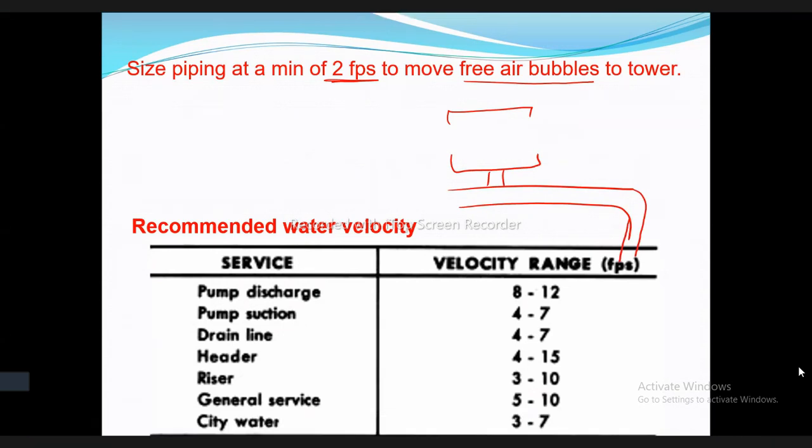So basically what is happening is you have water here. That water is coming back and that water is going down. So if your velocity here is less than 2 FPS, then what will happen is air bubbles will separate and they'll start moving up. If they start moving up and your water is supposed to go down, your pressure will increase. Yes or no?